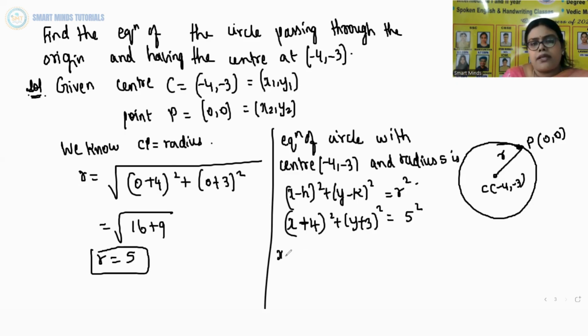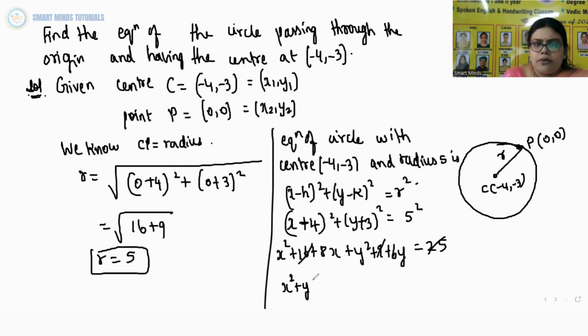Now open the brackets. x square plus 16 plus 8x plus y square plus 9 plus 6y is equal to 25. Now 16 plus 9 is 25. 25 and 25 cancel. So we get x square plus y square plus 8x plus 6y is equal to 0. This is the required equation.